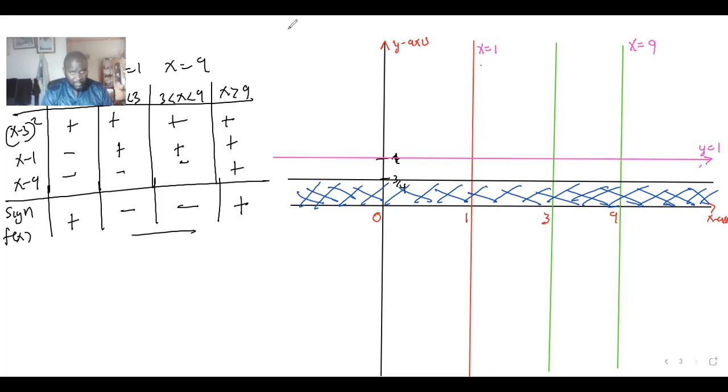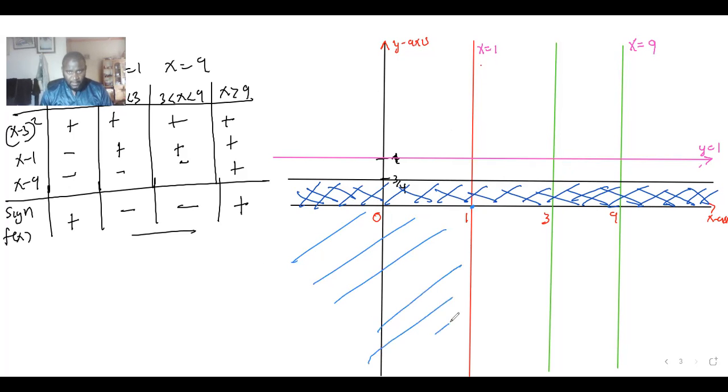Guys, before 1, where should I shade? We are saying here where we have 1, the curve is positive. So where do I shade? Down. So before 1 is the whole of this one.